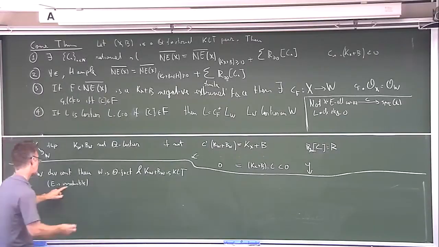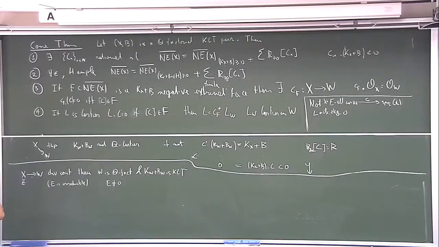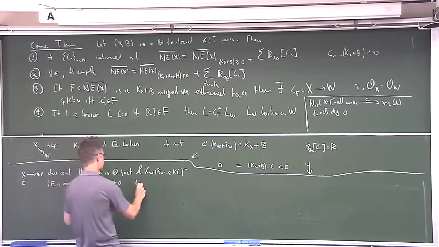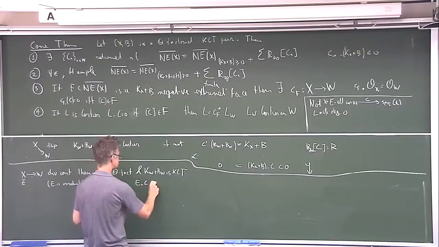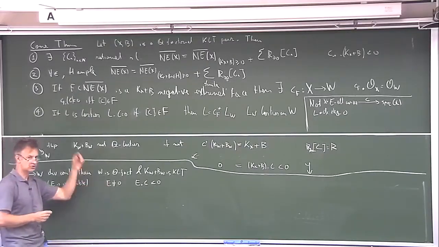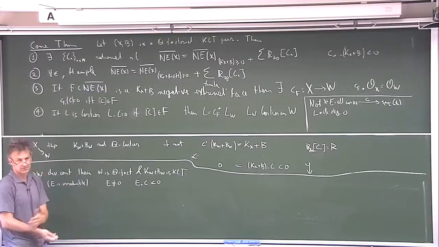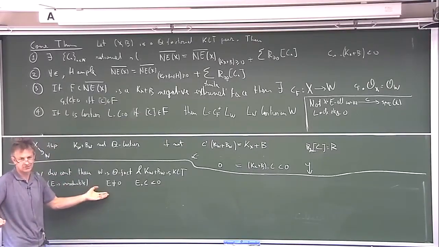Okay, but E is not numerically equivalent to 0. In fact, we can check that E dot C has to be less than 0. Because that's a negativity lemma, right? If it were numerically equivalent to 0 and exceptional, then it would actually have to be 0. And I just picked an effective exceptional divisor.